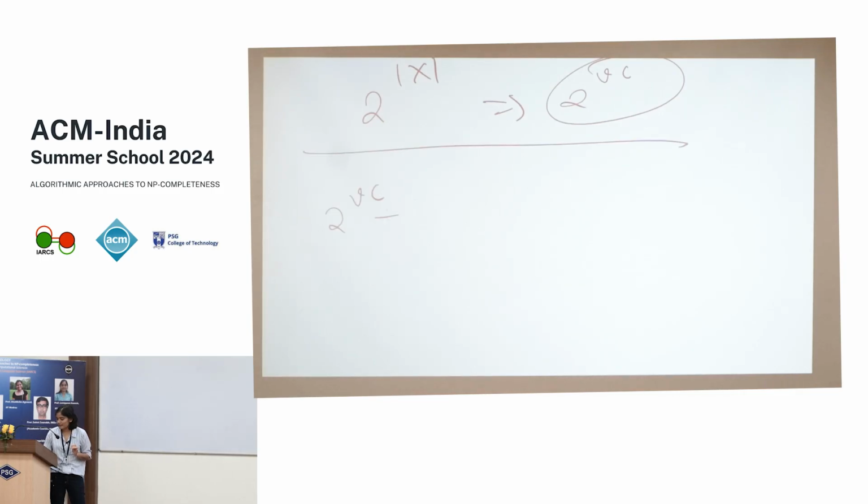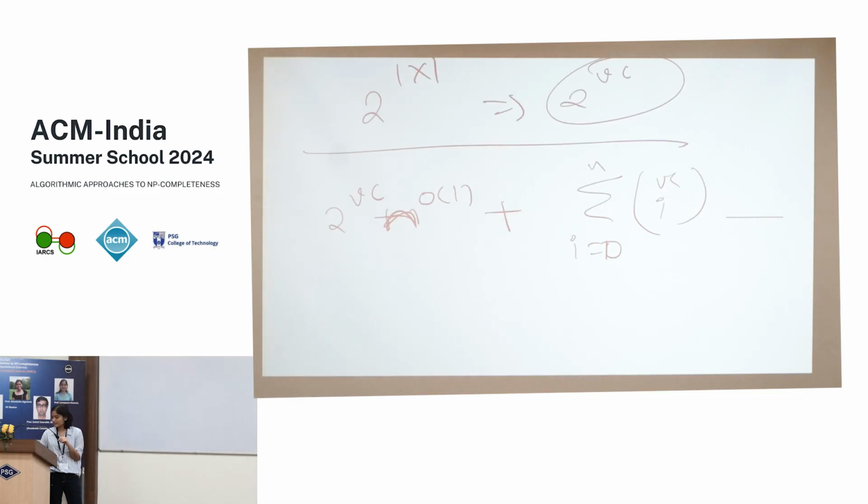So this is 2 power vertex cover into polynomial in n, plus, now I am doing the same thing again, right? Choosing a set, summation i equals 0 to n, vertex cover choose i. But now I am taking polynomial time to find the best dominating set for what does not go into the solution and does not get dominated, right?